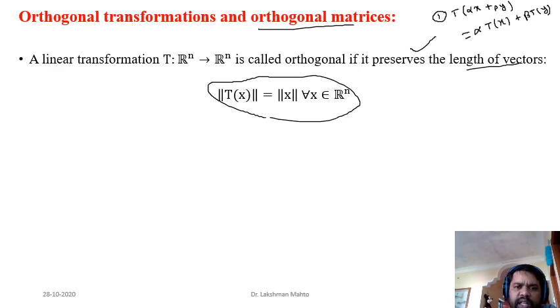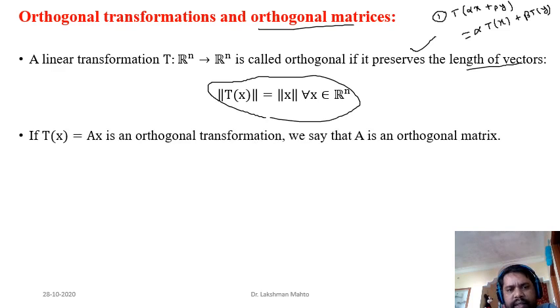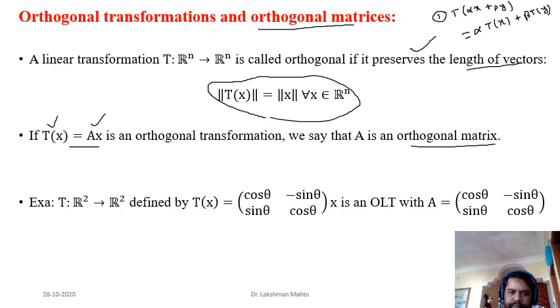Such a transformation we call an orthogonal transformation. Once we have a linear transformation, we can always associate a matrix such that T of x equals A times x, and this associated matrix we call an orthogonal matrix.